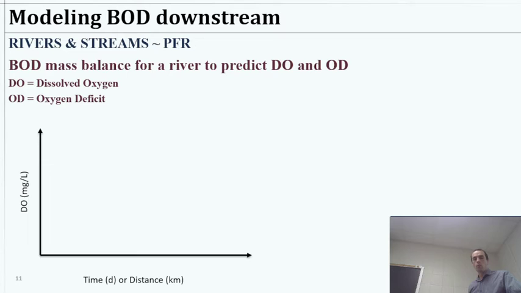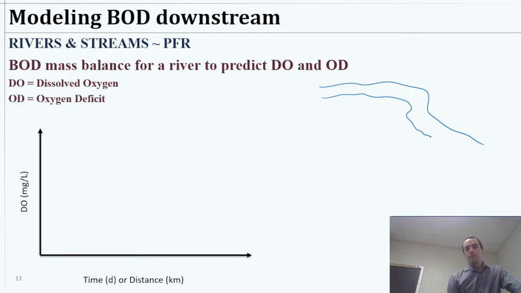So the deal here is, if we think about a river flowing, wherever it's going, we can consider the time and the distance to be fairly similar in terms of where we started with some sort of discharge, perhaps. As it flows through, it's often going to be a lot like a plug flow reactor.